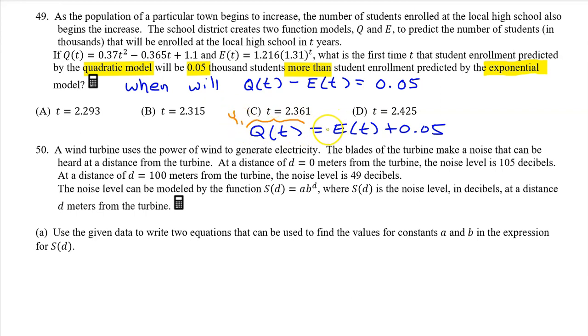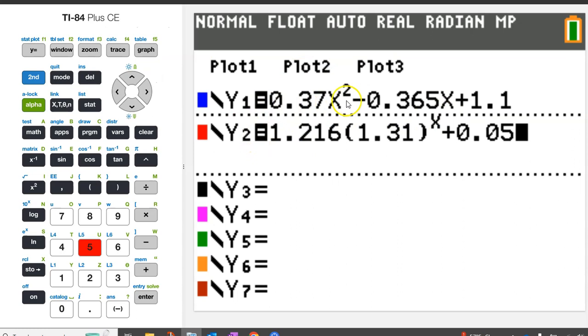And we're going to type this side of the equation in as y2. So type in the exponential function, but don't forget to add the 0.05 on the end of it as part of your y2. So your y1 should look like this, and your y2 should look like this. Don't forget to add the 0.05 onto the end of it.